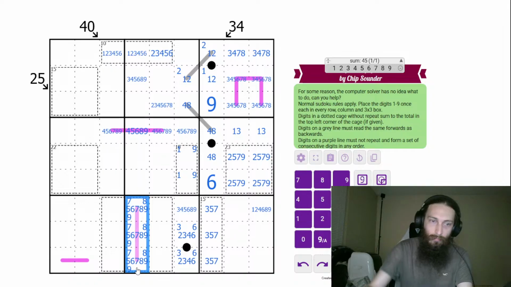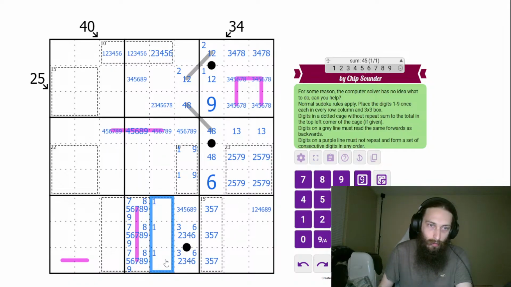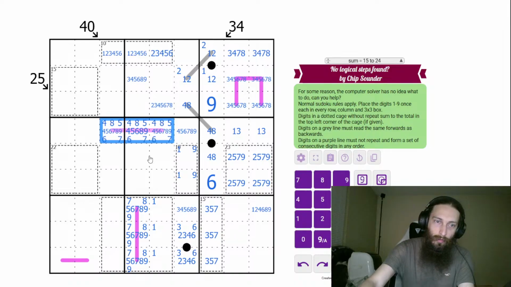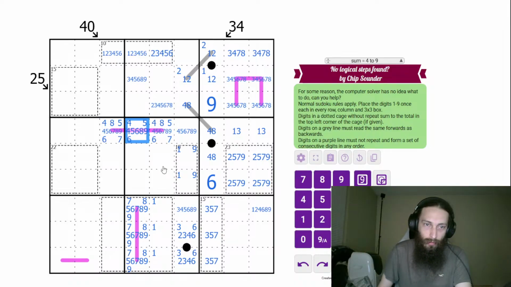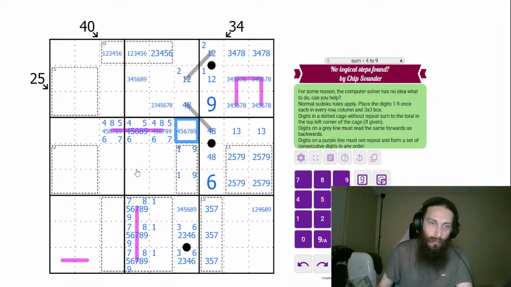7, 8, 9. And a 1. 4, 5, 6, 7, 8. 7 and 8 would get removed from here. 4, 5, 6, 7, 8, 9.